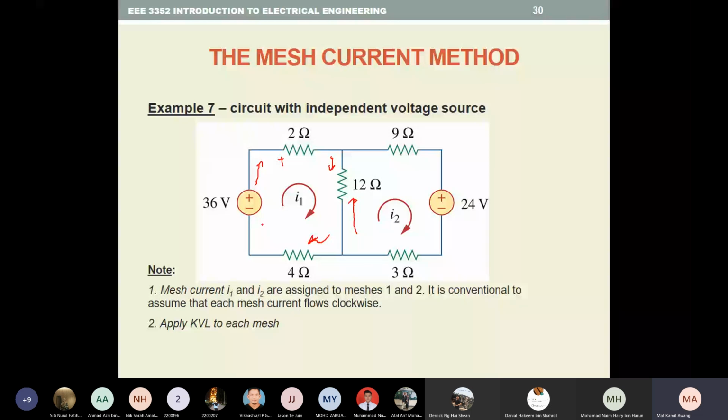Second mesh. Where do we want to start? Let's say we start here. Let's say I1 is going out and I2 is going out. So I2 minus I1 times 12.